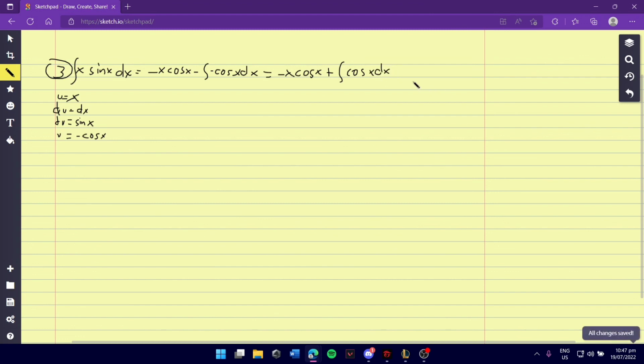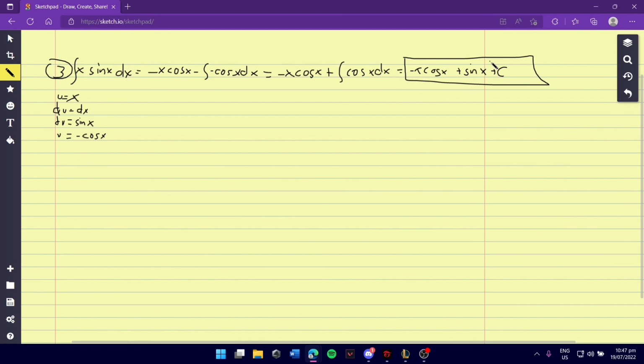So now, by simplifying this, we have negative x cosine x plus sine x plus c. So this is now your final answer for this example. Thank you everyone for listening.